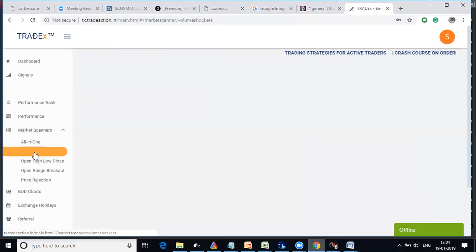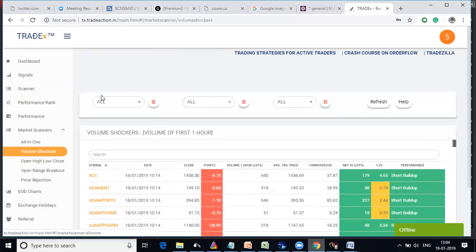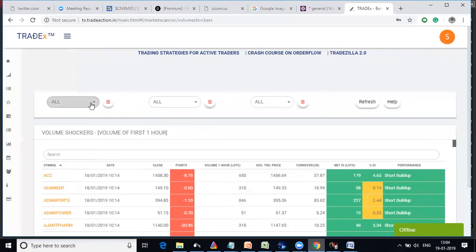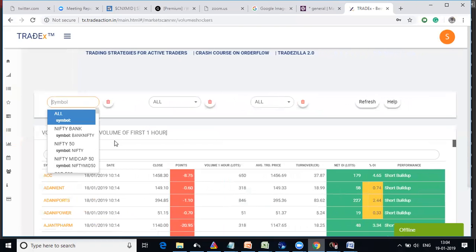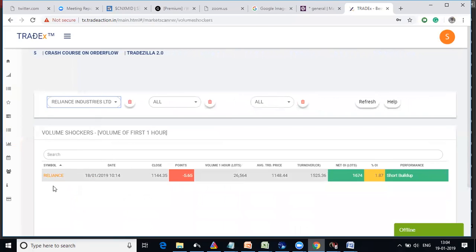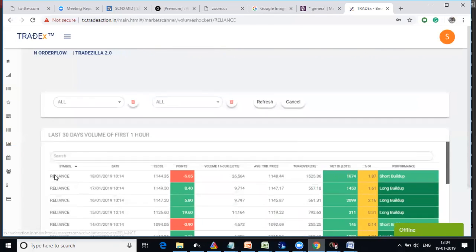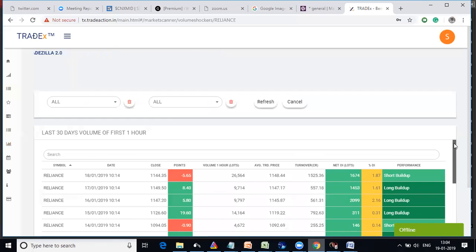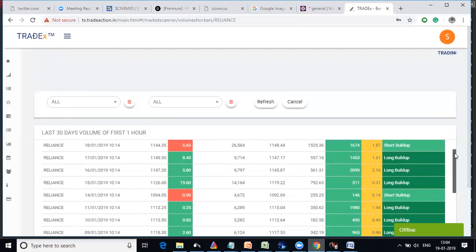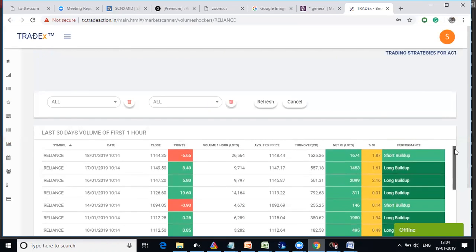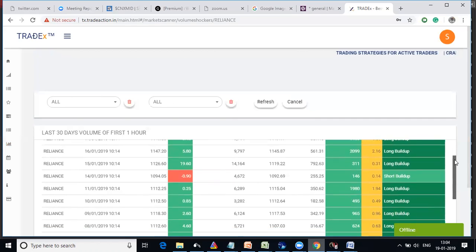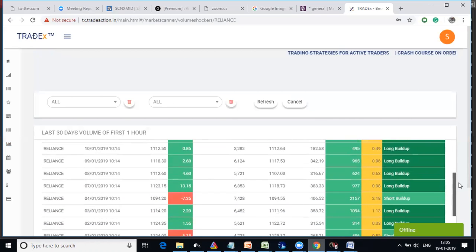Volume shockers. Go to Reliance. Reliance Industries. Click on Reliance. Look for the first 1 hour turnover. On the 15th, what was the average turnover?